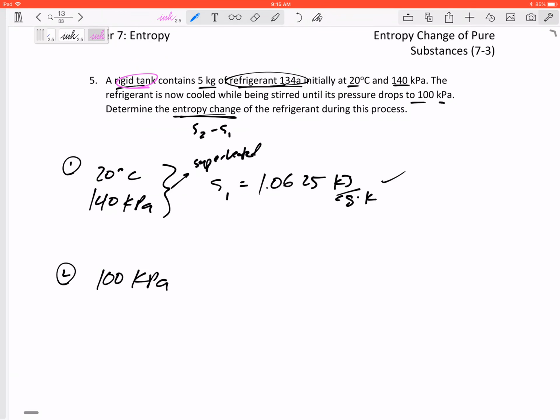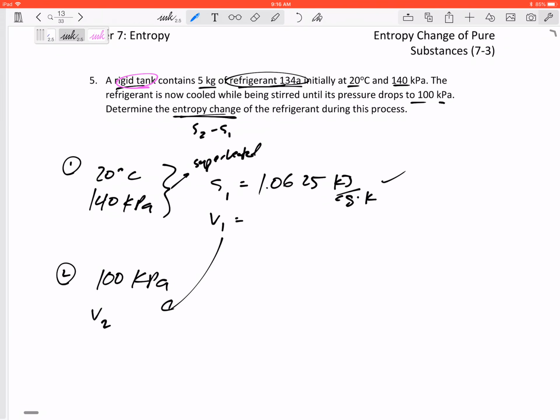It's a rigid tank, so the volume stays the same, and the specific volume stays the same. If I could find little v1, the specific volume initially, that would be the same as the final specific volume. So I go back to that same superheated table.